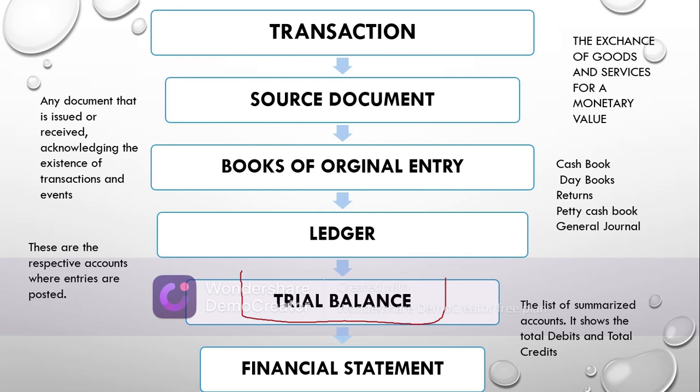So after posting the entries in the ledger, you have to extract the trial balance for the final stage of the accounting circle. And that brings us to the end of the accounting circle, which is the financial statements. These financial statements are the final accounts of the organization in an accounting period.